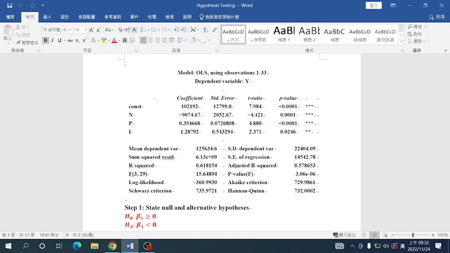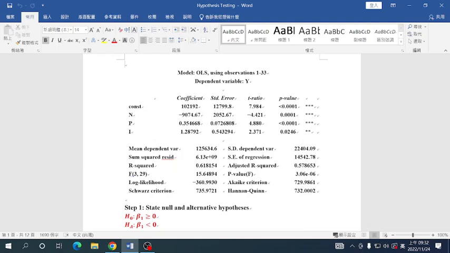Now I'd like to show this by putting N and the competitors as one dimension, and putting P and I as the other dimension. So I want to check whether P and I together have importance to the model. In this case, what is my null hypothesis?